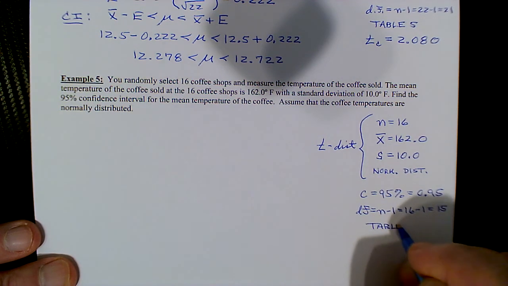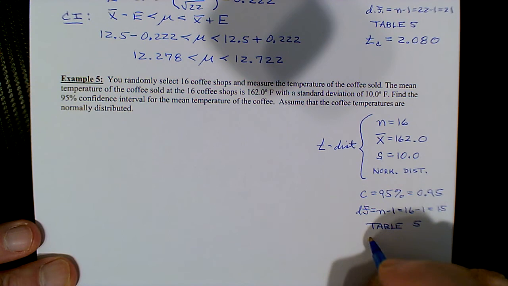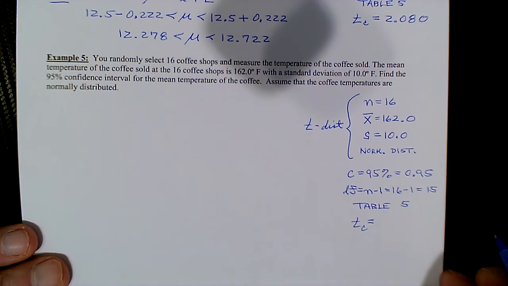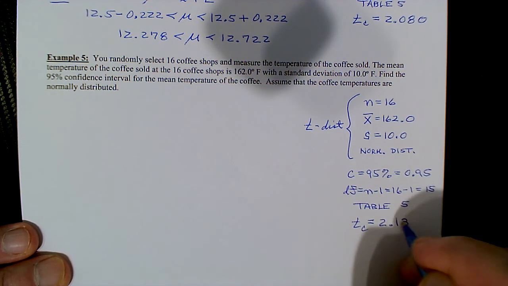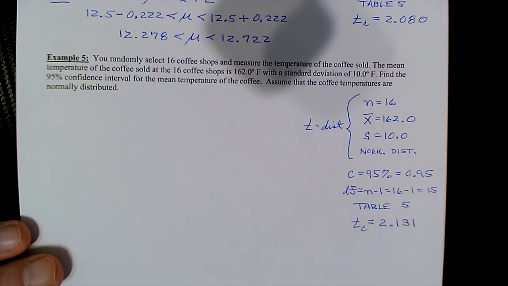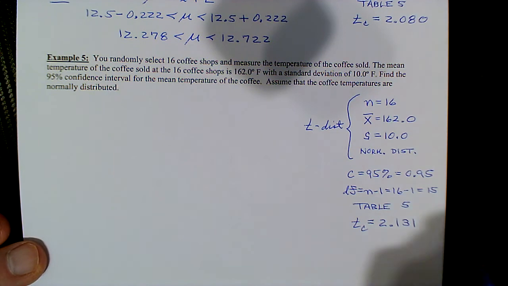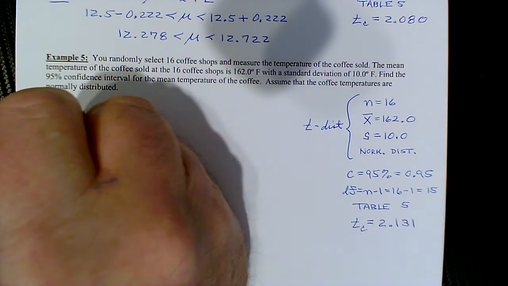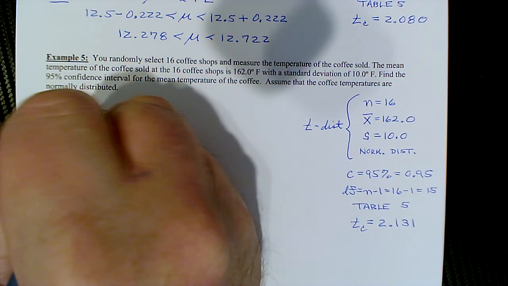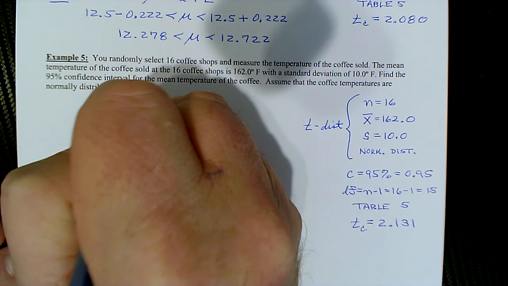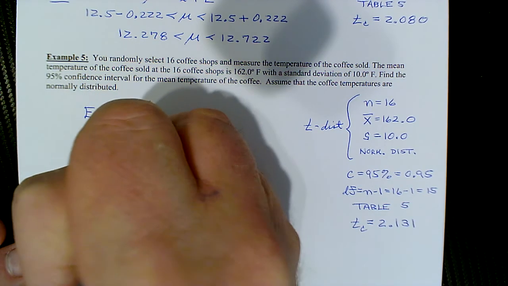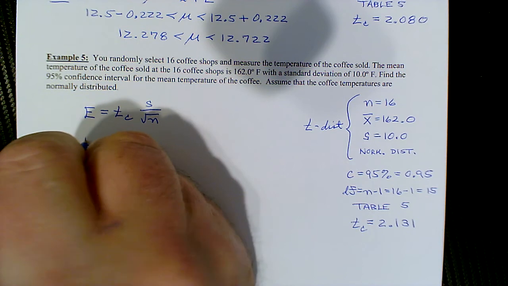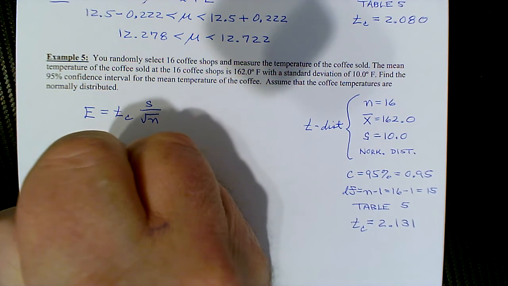Okay, so now we're ready to do the computations. Here's the formula again. E is T sub C times S over the square root of n, so we always find E first. So T sub C, 2.131 in parentheses, that's the way I like to do it, times the sample standard deviation 10.0 over the square root of the sample size, n was 16.